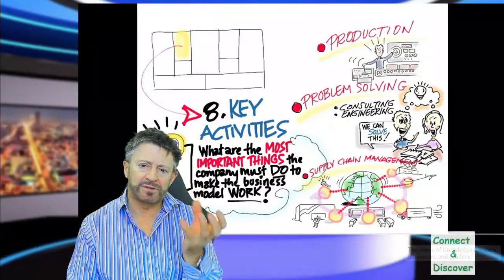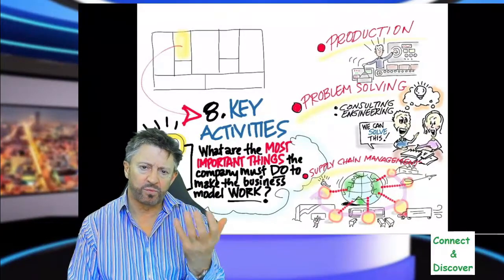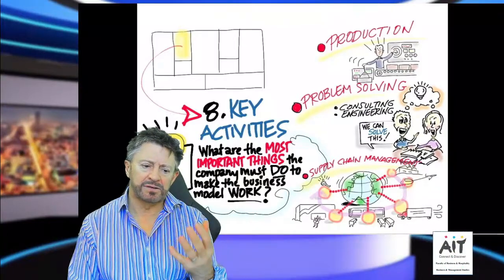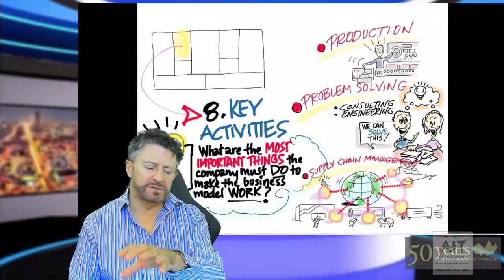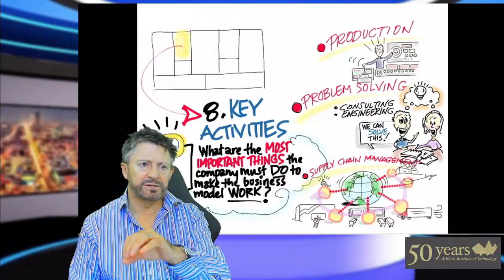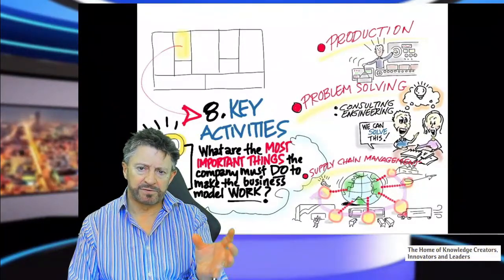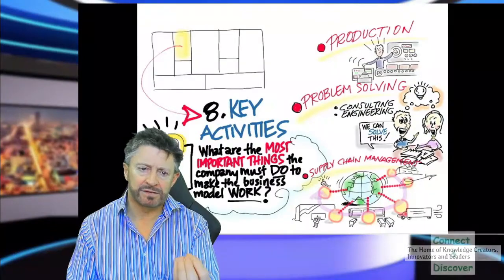So activities, you might have to hire these consultants in, and you have to work with them over a period of time. They could be engineers, and likewise, I mentioned a minute ago, key partners might be your distribution network, but they could also be part of your key activity because they might be advertising for you.